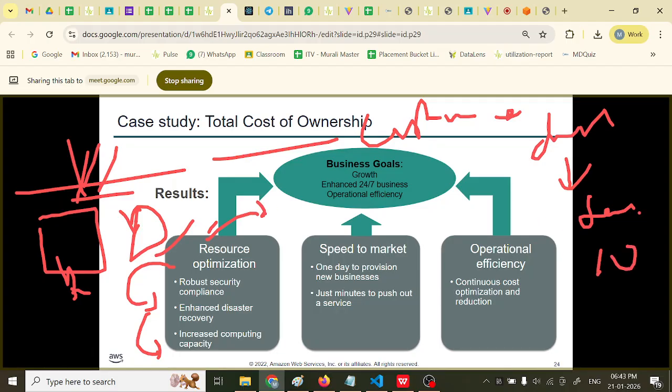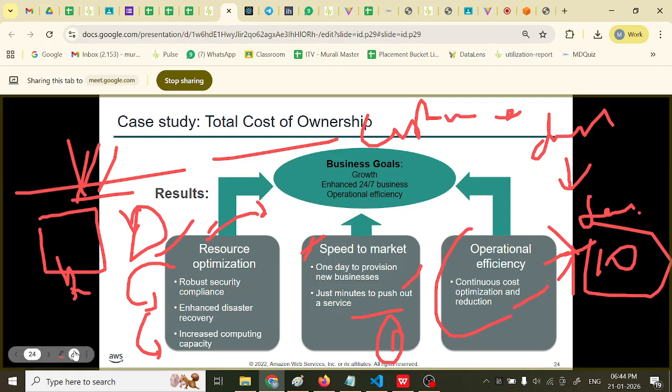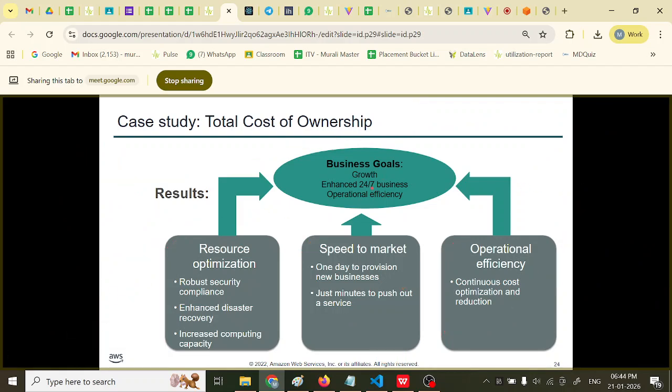It's not like you keep 10 servers and nobody is using them, or they are not utilized properly. AWS is going to optimize the cost as well. Next, speed to market. You can provision new businesses in just 2 minutes. So within a minute's time you can push the resources as well. And operational efficiency, continuous cost optimization and reduction. We keep on reducing the cost and make sure that you continue with AWS. That's the business goal, and it will be helping the customers as well.